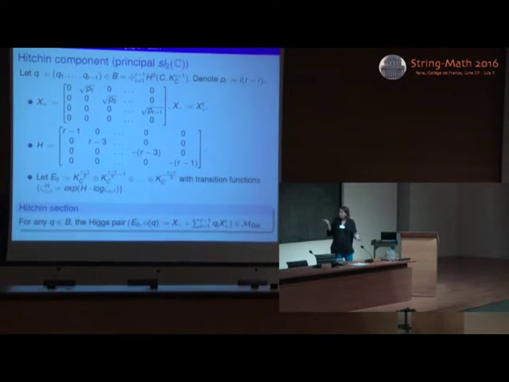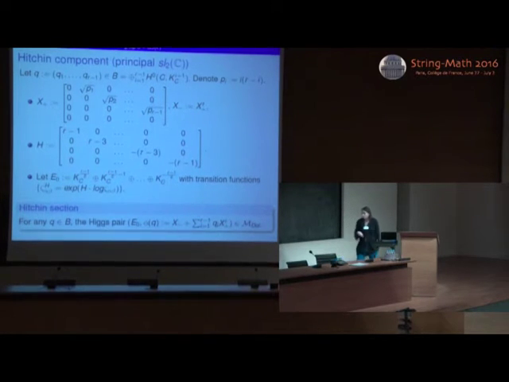X minus will be the transpose matrix, so it will be lower triangular, while H is the commutator between X plus and X minus. So we associate a vector bundle that is again split, E0, that is a direct sum of powers of the half canonical. And in particular, the transition functions of this vector bundle are given by this matrix H.